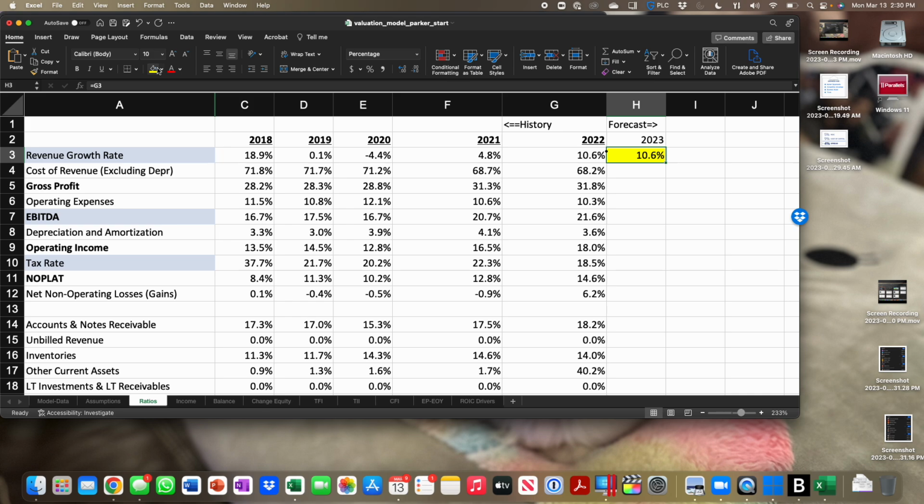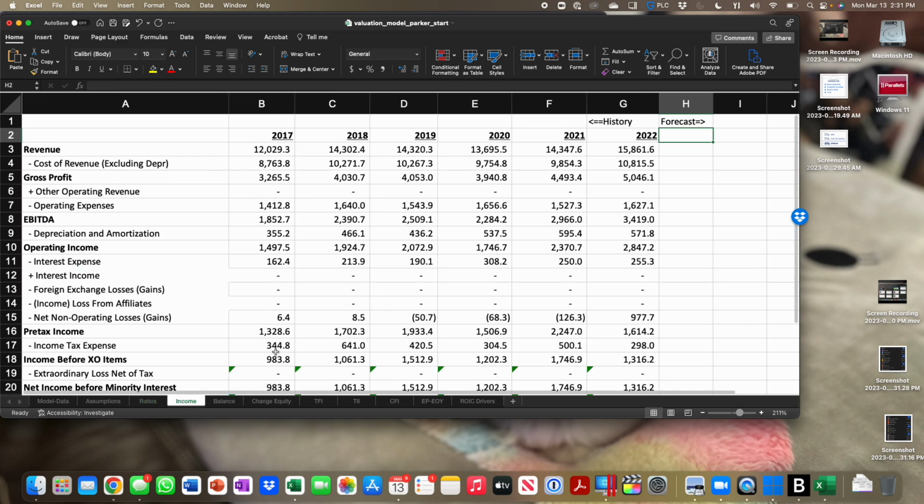All right? Now, just to give you a sense of how it's going to work, I am going to go to the income tab. I am going to call H1 a forecast. I am going to take H2 equals previous year plus 1. And then I'm going to forecast 2023 revenue. So here's how we're going to do it.